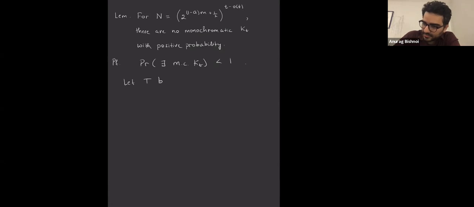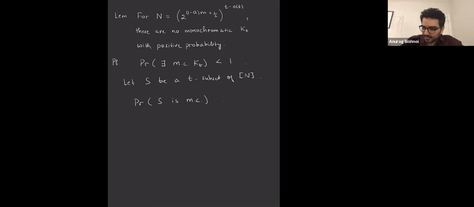Let S be a T-element subset of n. We are going to first bound the probability that S is monochromatic, and then we are just going to use the union bound over all such subsets and show that's less than 1, the standard trick.